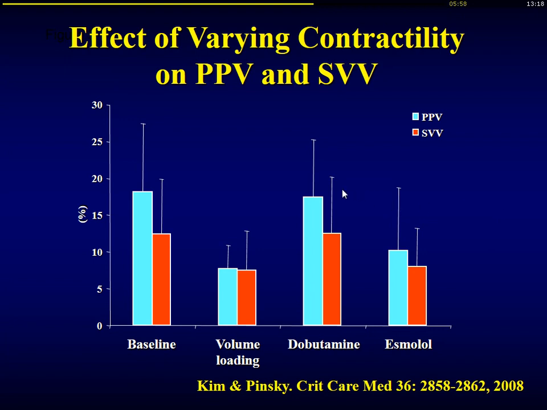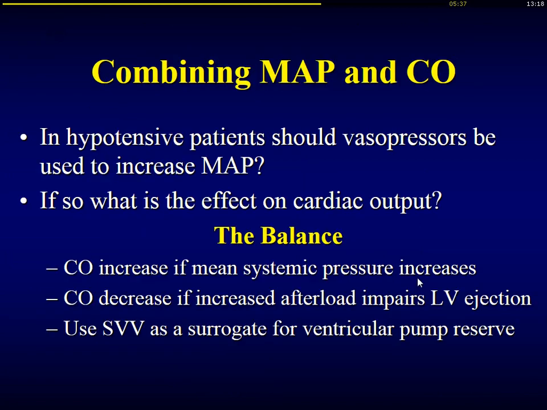And what it did was markedly increase cardiac output, but the increase in contractility returned volume responsiveness, meaning that I can use pulse pressure or stroke volume variation as a surrogate for contractility. If I've got a high pulse pressure or stroke volume variation, it means I've got a responsive ventricle because when we gave esmolol, it went away.